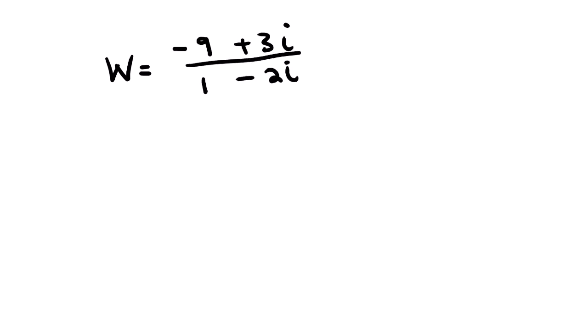Our last example is a bit different from the previous ones. It says w is equal to minus 9 plus 3i all over 1 minus 2i. Now before we start, I want us to go through some basics of complex numbers. You should know that i squared is the same as negative 1.